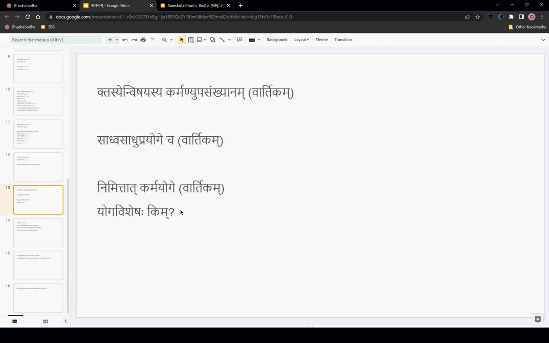Why? Because these examples highlight the Shlishtatvam, the Sanyogam of Charma and Vyaghra, Danta and Gajah.